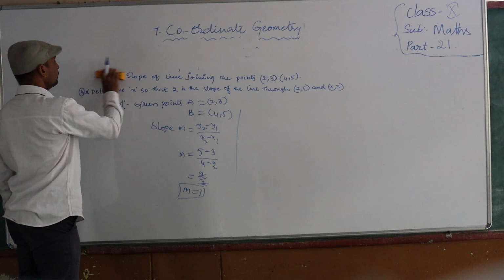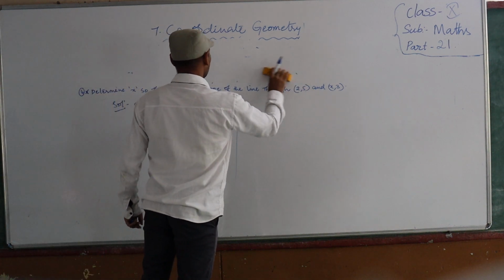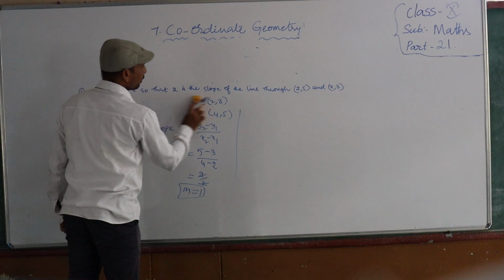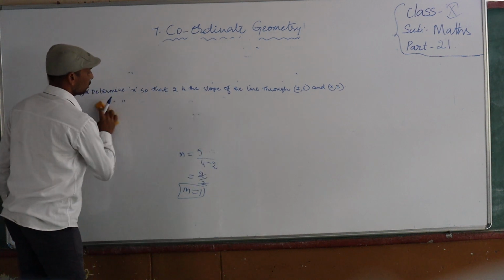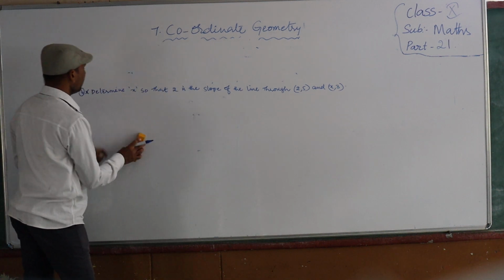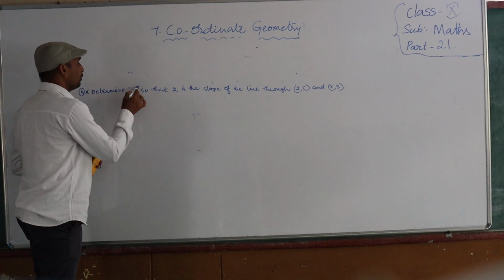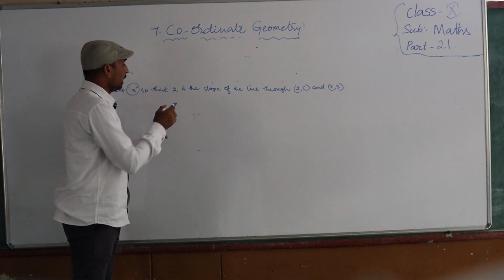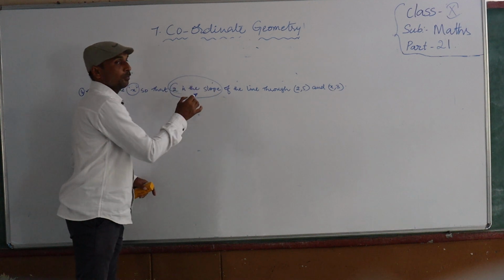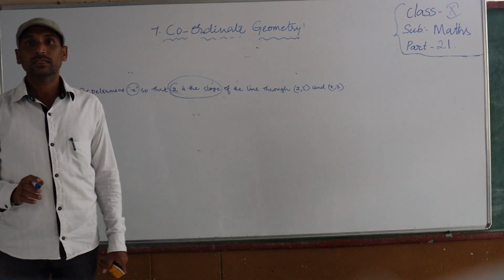And the last one is the same as this, but with a small condition given in the question. Very carefully determine the value of x so that 2 is the slope. Slope is already given.